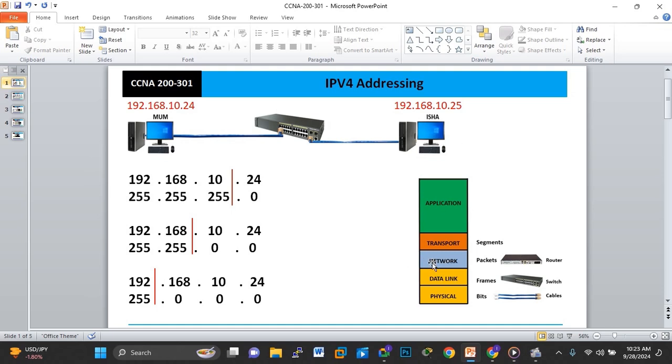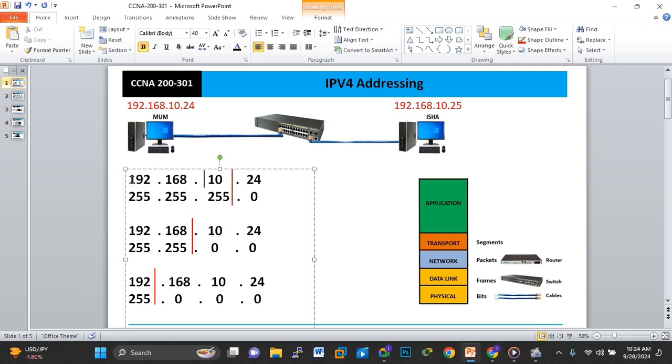We already know that within this network layer we work with IP addresses. So for an example, we can see 192.168.10.24. This is also an example of an IP address. Now with this IP address, what will happen? You can see this red line here.